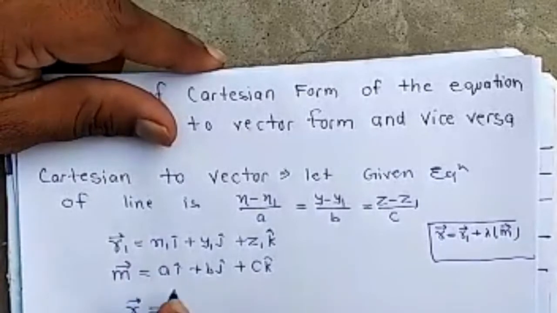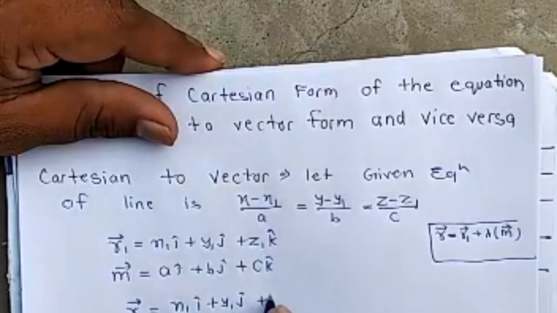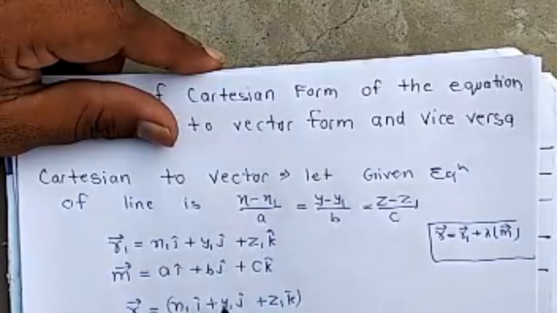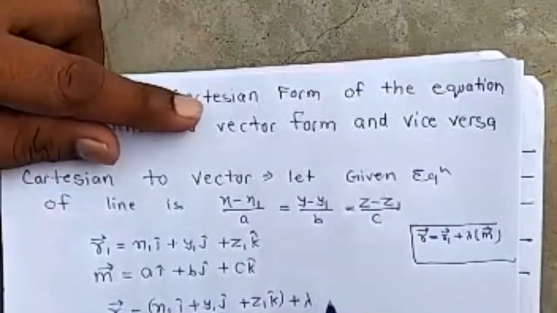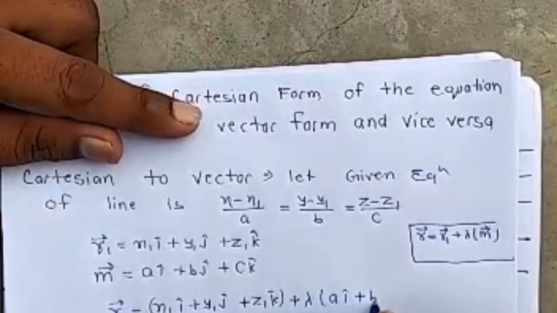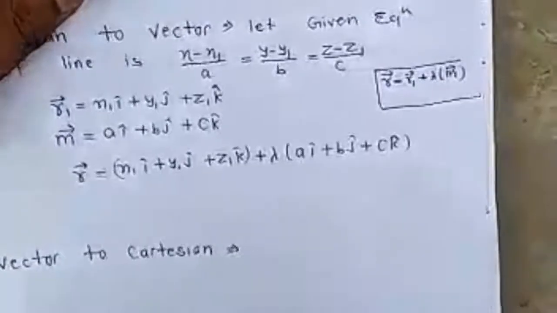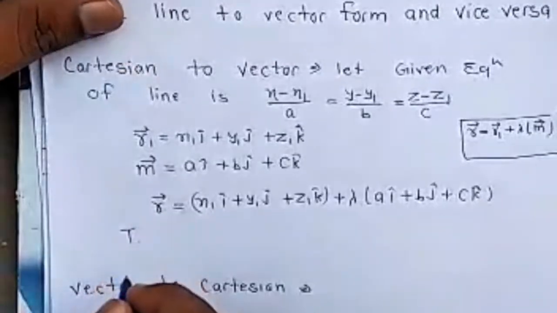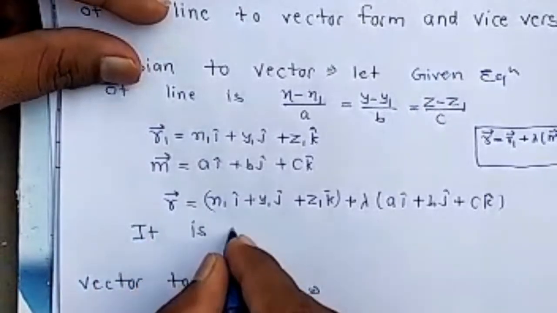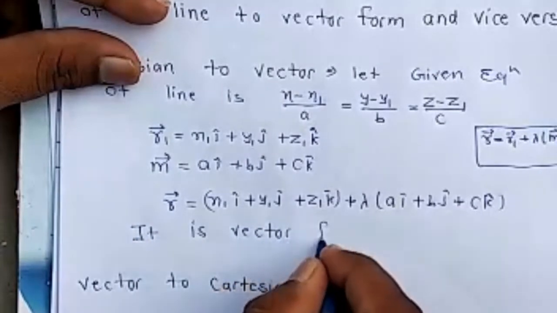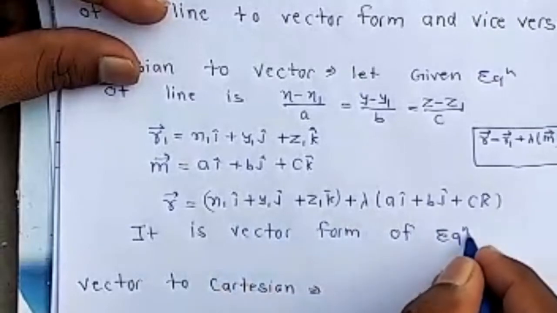Then r vector equal r1 vector plus lambda m vector, which is ai cap plus bj cap plus ck cap, and it is the vector form of equation 1.